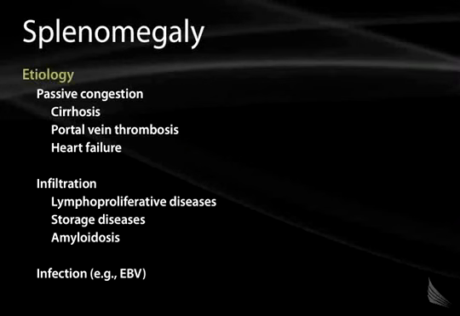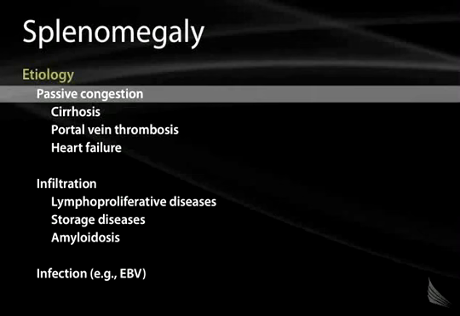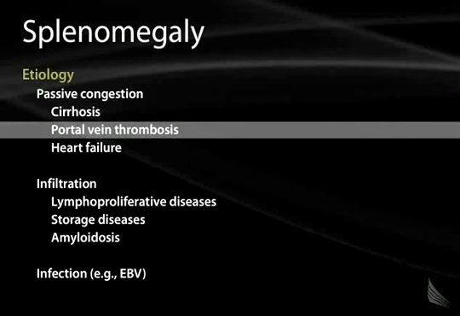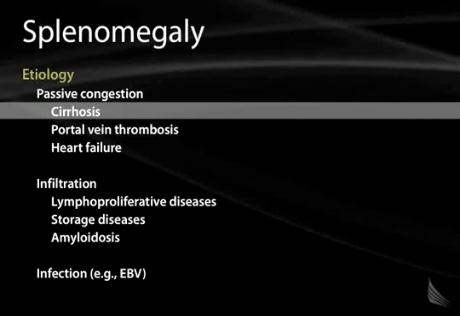So the spleen is located in the left upper quadrant, and the primary pathology is manifest when the spleen gets big. So splenomegaly can be caused by passive congestion, either portal vein thrombosis or cirrhosis, any type of portal hypertension, so elevated pressure in the portal venous system can cause passive congestion of the spleen.